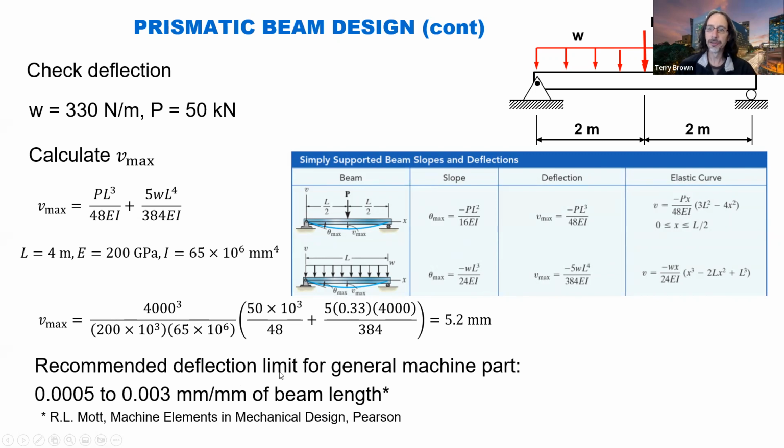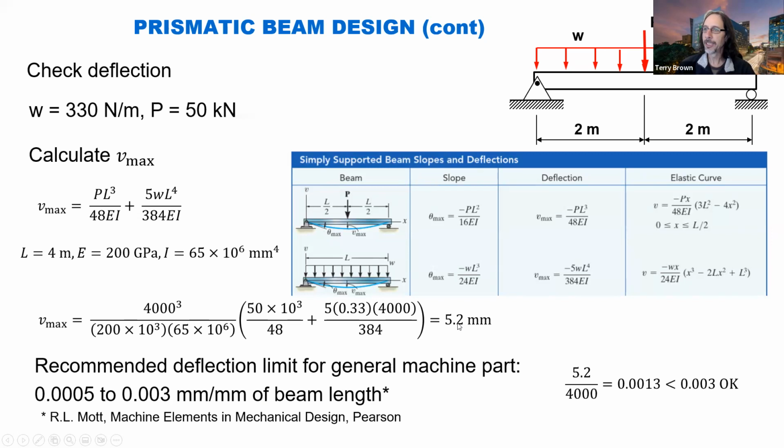So a recommended deflection limit for just a general machine part is somewhere between 0.0005 to 0.003 millimeters per millimeter of beam length, then that should be okay. For precision machine parts, that requirement will be tighter, but assume this is just a general requirement.